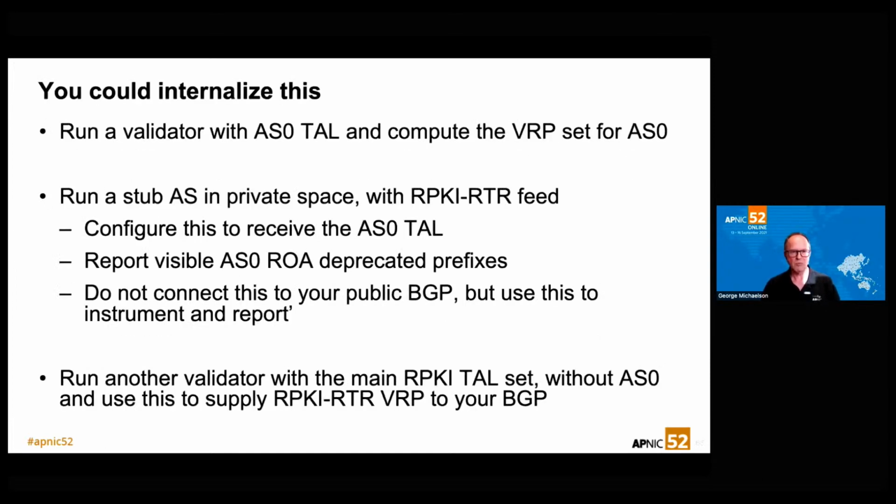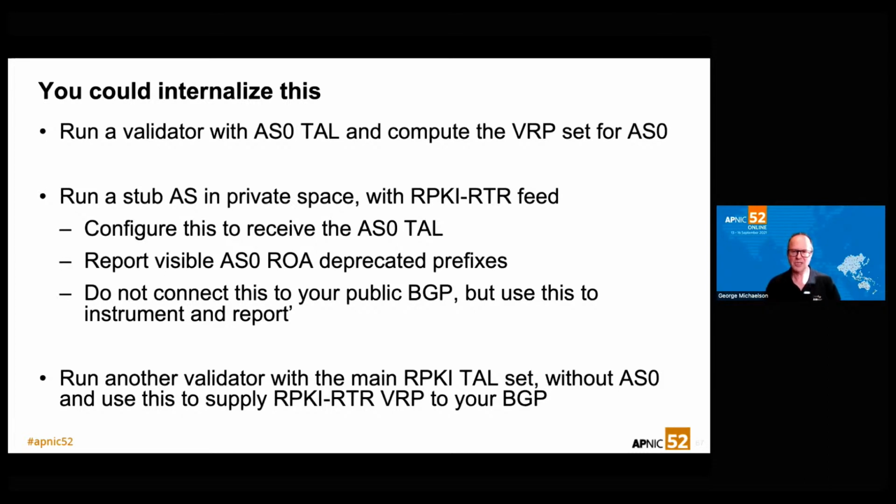So the approach here would be to run a validator only for AS0 and to make VRP state only for AS0, and run RPKI RTR only for AS0 and put it on a stub AS inside your network. Take a feed of your real BGP, but don't announce any routes.